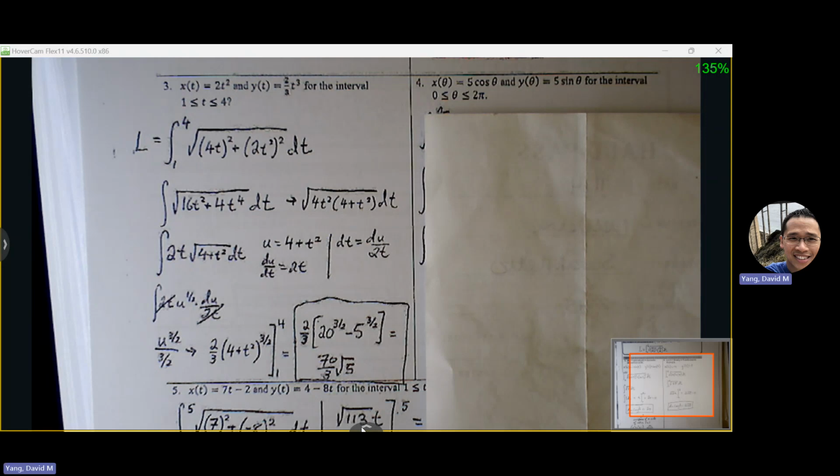Any questions with 3? Yeah, we did have to GCF manipulate it into a form where we can more easily use substitution, identify the u value, seeing that it's going to work out.